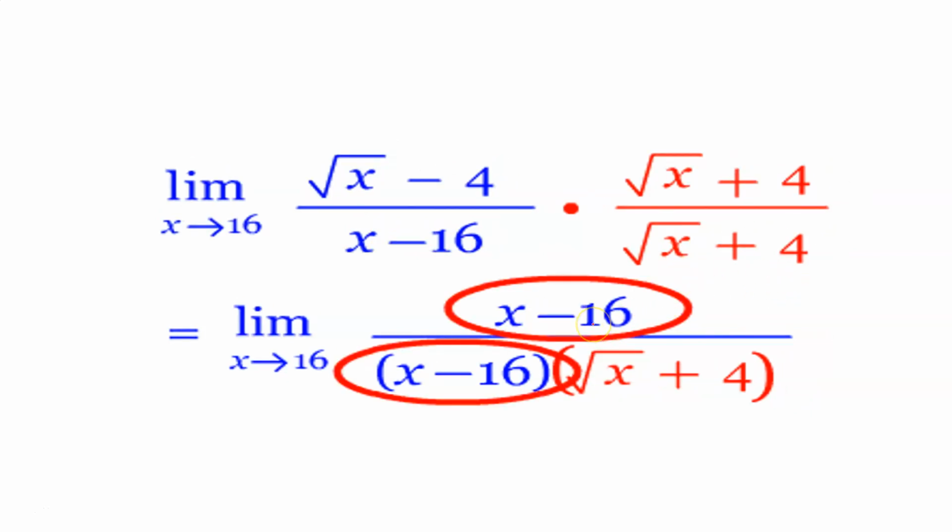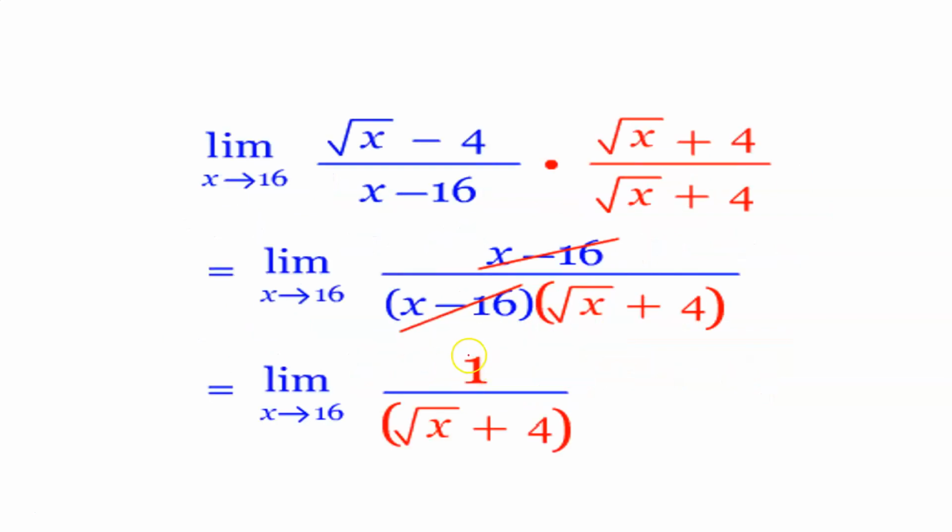Okay, now you realize that this thing above, the numerator, is actually equal to one of the factors in the denominator. They actually sama, so you boleh cancel out. So when you've cancelled out, the only thing left is 1 over square root of x plus 4. Okay, now this one looks simple kan?